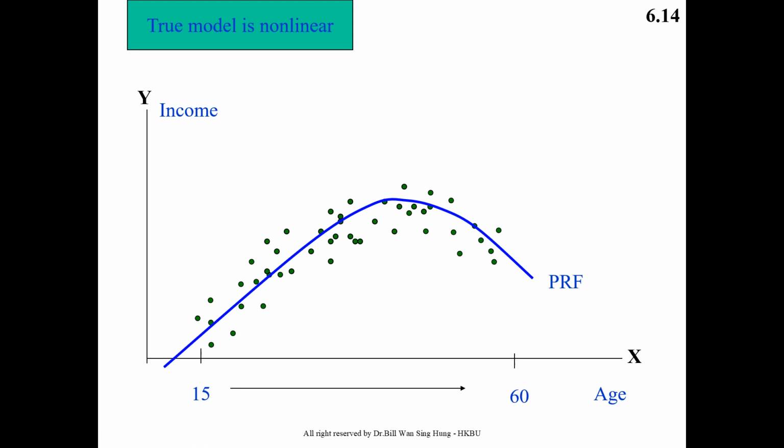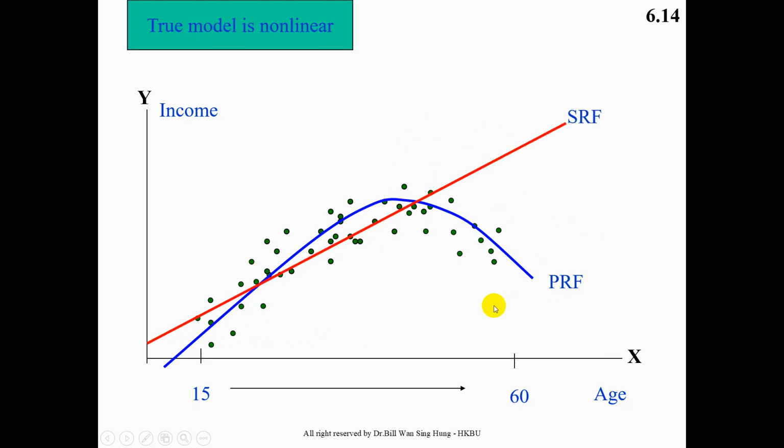Let us suppose the true model is non-linear and the population regression function is like this. It is going to increase, then it reaches a maximum, and then it declines. And this is the relationship between income and age. So it means as age increases, the income of the individual first increases, reaches a maximum, and then it decreases.